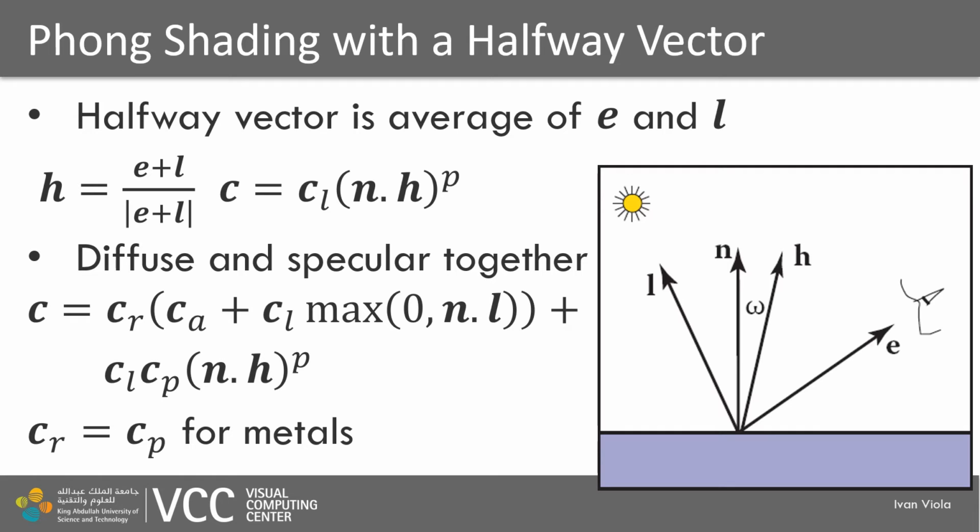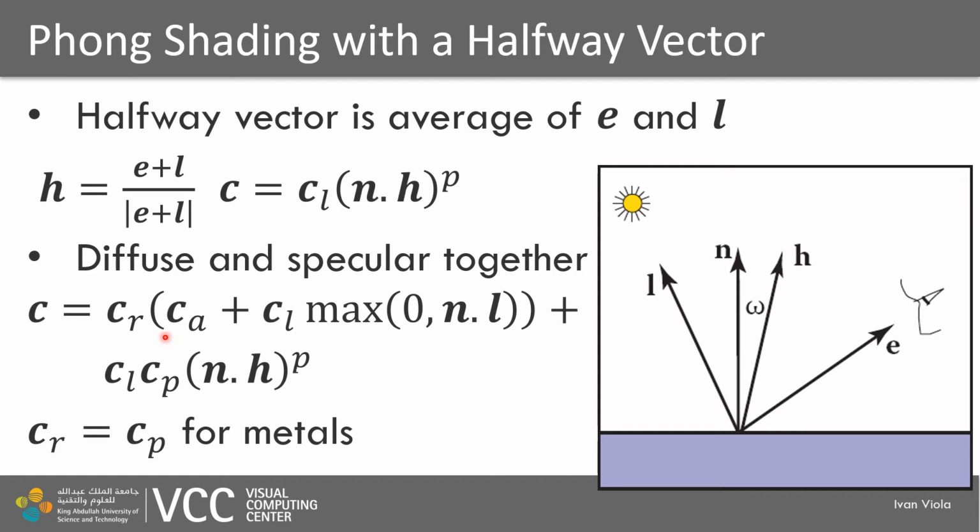And if we put all these aspects together, the diffuse term, the specular highlight, and the ambient term as well, we will have this description of the local illumination model here. Let's have a look at it. What do we see here? We can see the diffuse component, where we have the dot product between the normal and the light vector, the Lambertian shading, and this is scaling our light intensity vector and each of its components.